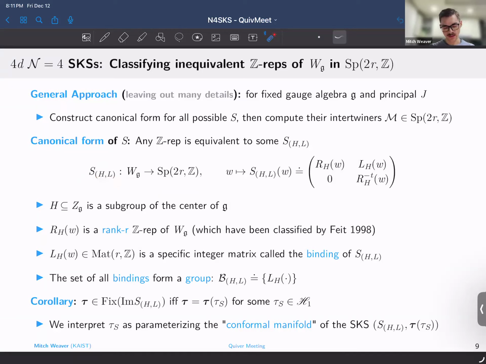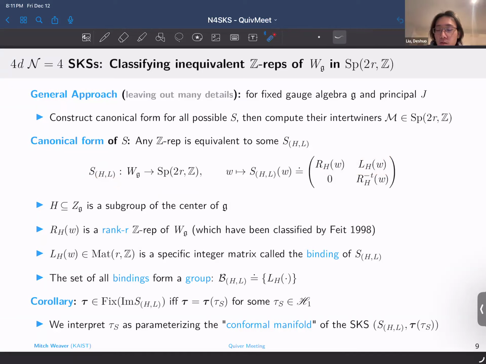And the statement is that it holds for some H here, and also for some binding. But the space of bindings here of these L's is essentially infinite.